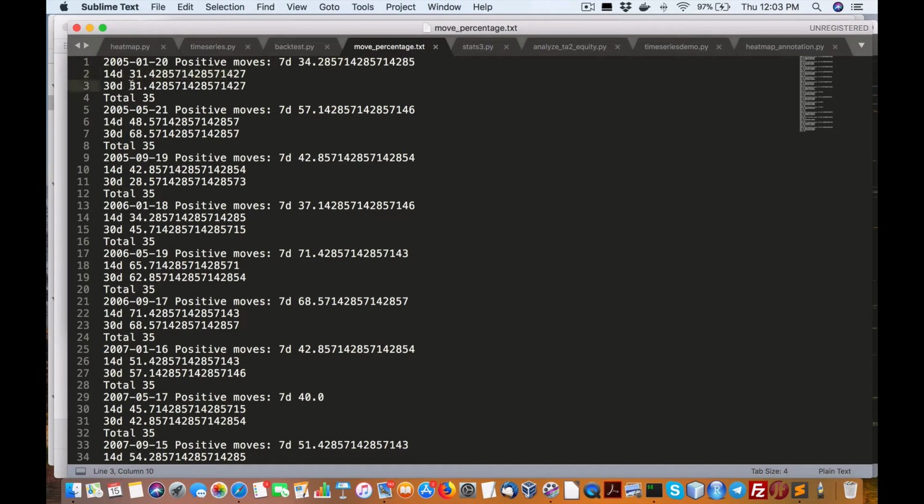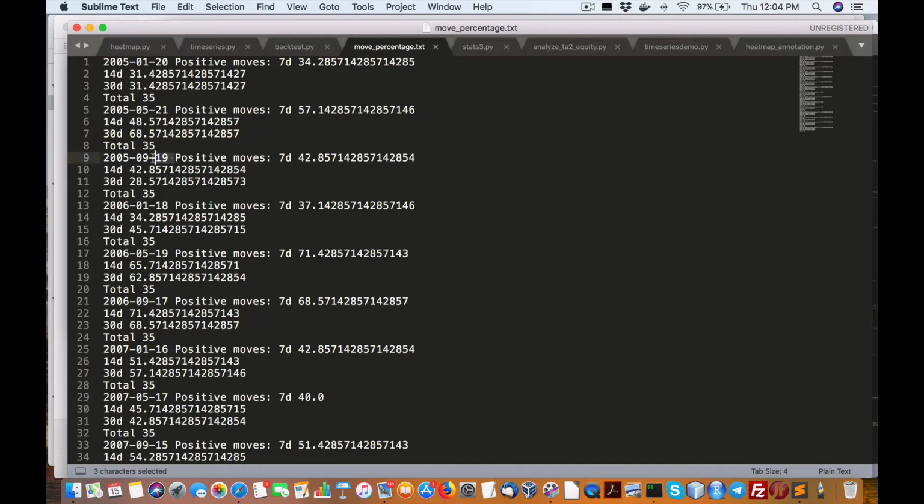Okay, so you can see here, once again, out of 35, only for the 7-day actual prediction, only 34% are positive or profitable. After 14 days, only 31% are profitable, and same with 30-day. So in this case, our next period is a little better. 57%, 48%, and 68% go profitable after 30 days.